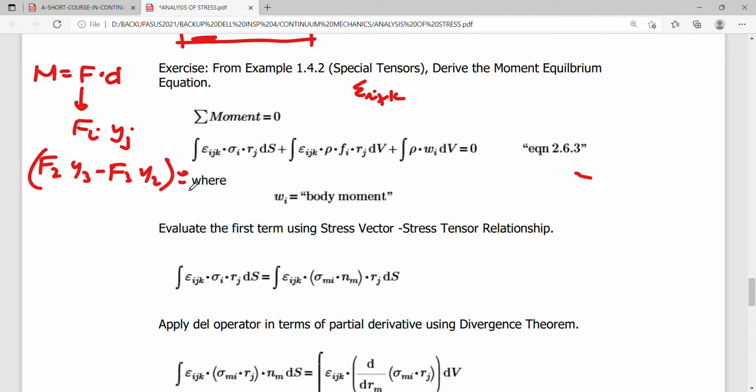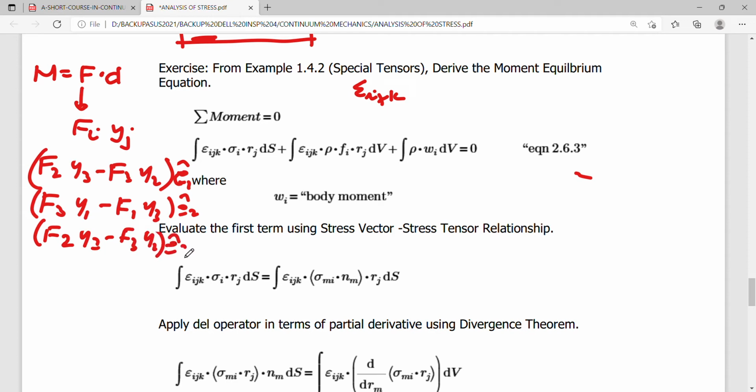So this is the first moment expression as directed to the E1 unit direction, and the second one is F3 Y1 minus F1 Y3 E2, and the third one is F1 Y2 minus F2 Y1 E3.